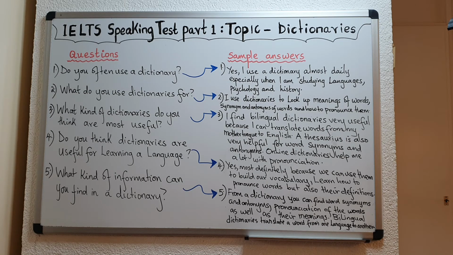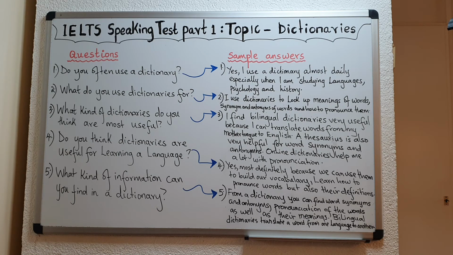Now, let's move on to the last question, and that is question 5. What kind of information can you find in a dictionary?